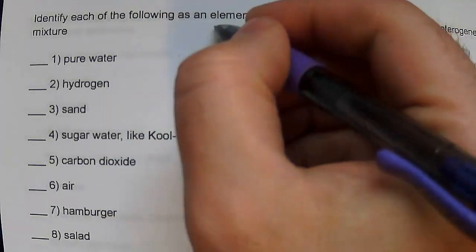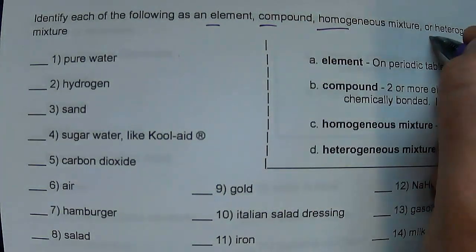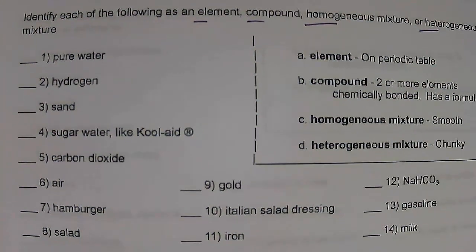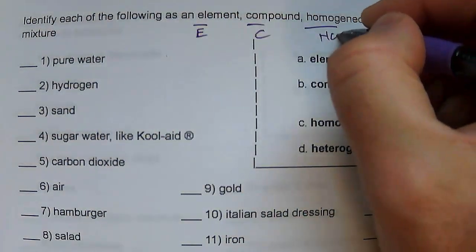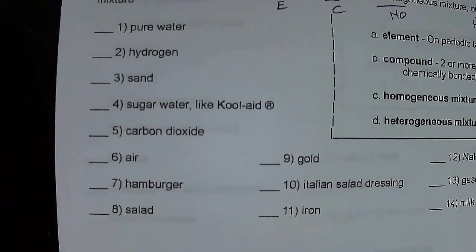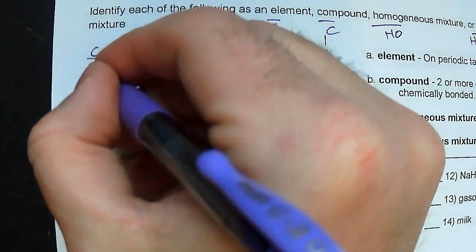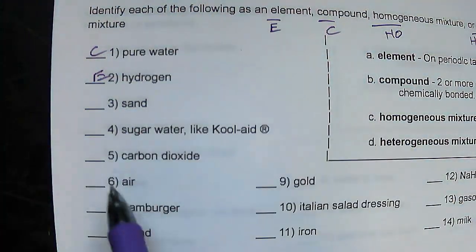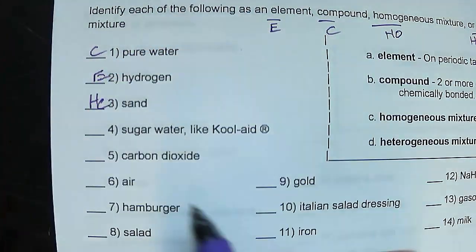So we have element, compound, homogeneous mixture, or heterogeneous mixture. I'm going to abbreviate these E, C, Ho, He. Pure water, that's a compound. Hydrogen, that's an element. Sand, you can see the parts to it, so that's going to be a He.